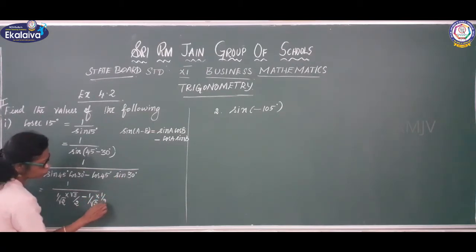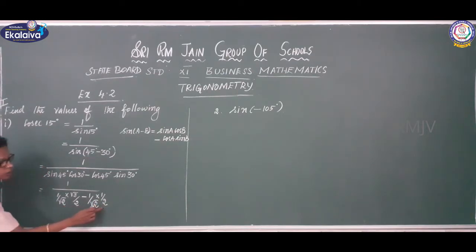1 by 2. See here, the denominators are the same, so you can combine the numerators: 1 into root 3 minus 1. The denominator is the same, so it can be written as 2 root 2.